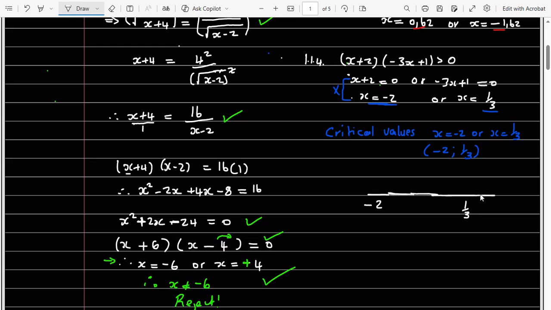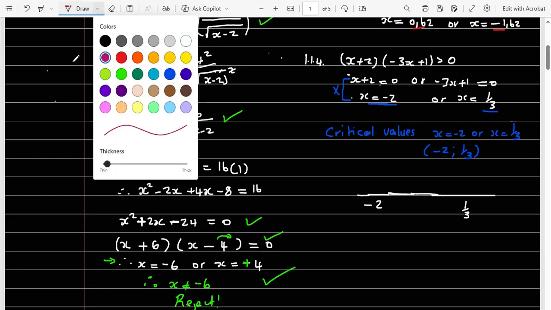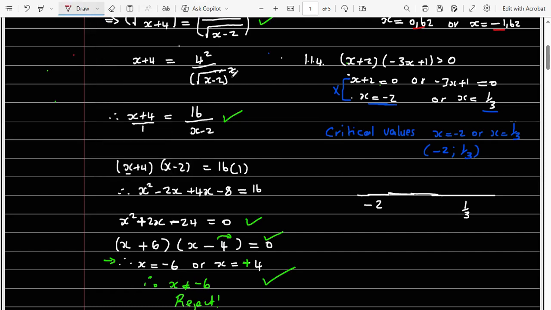Okay, so on the number line, I'm just going to try and test this and see what type of equation this is. When I test this, I'm going to say x times -3x, which will give me -3x squared.